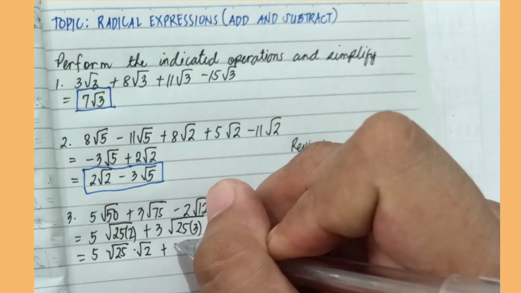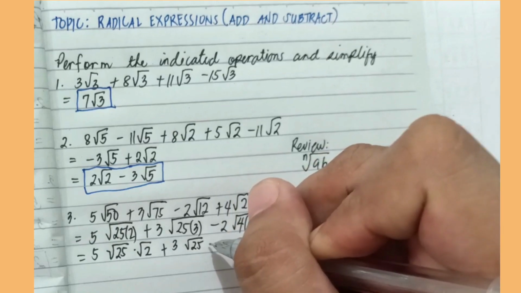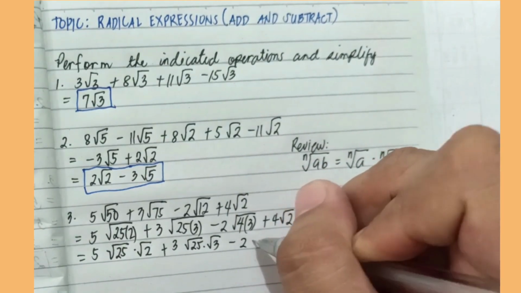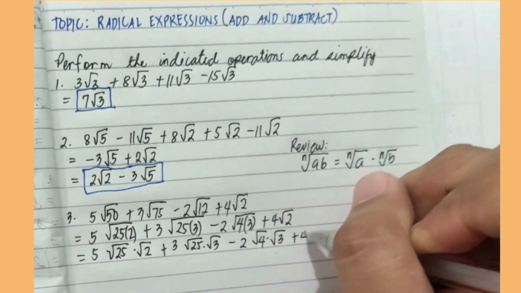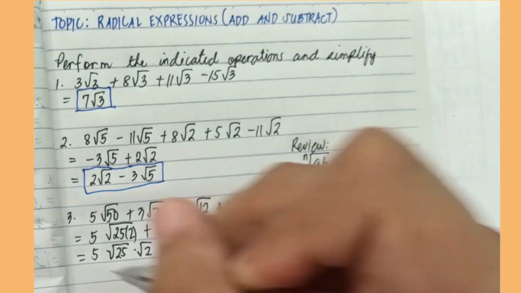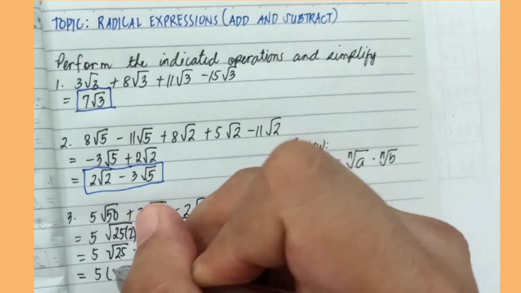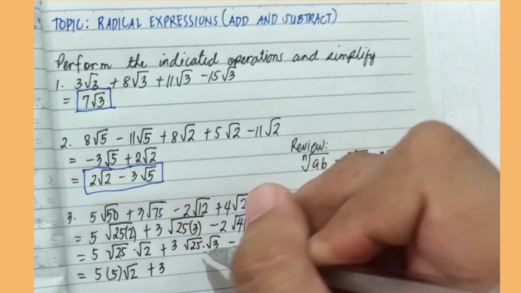Then we now have here the second term, which is 3 times square root of 25 times square root of 3. Then the other one is minus 2 times square root of 4 times square root of 3. Then 4 square root of 2. In this case, we now have 5, since the square root of 25 is 5. Copy the square root of 2. Then the other one is 3.